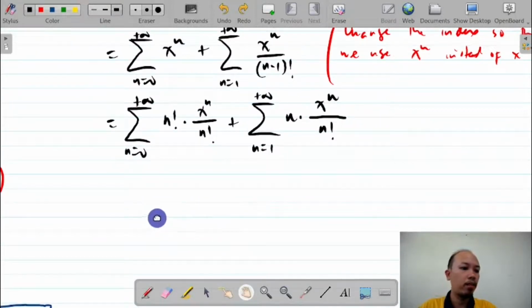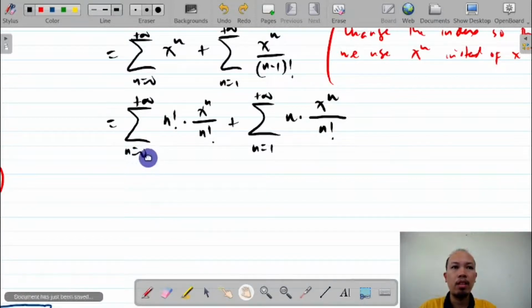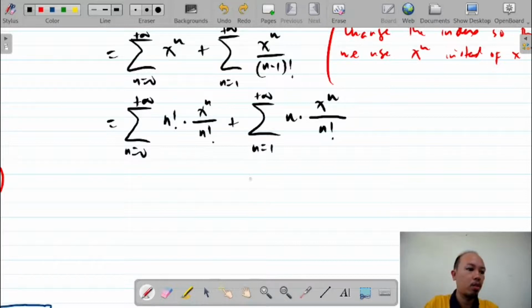So let's further simplify. Notice also that the index starts at n is equal to 0 here, and starts at n is equal to 1 there, so therefore we have to make it the same. The first term is almost the same, but the second term is not.